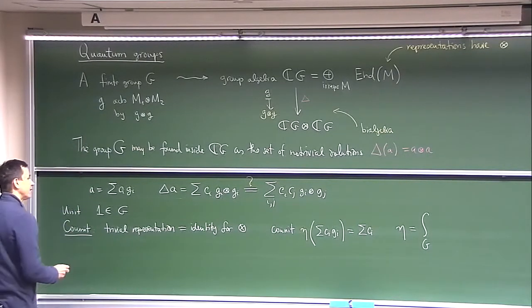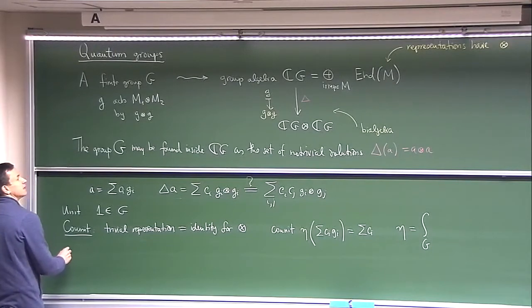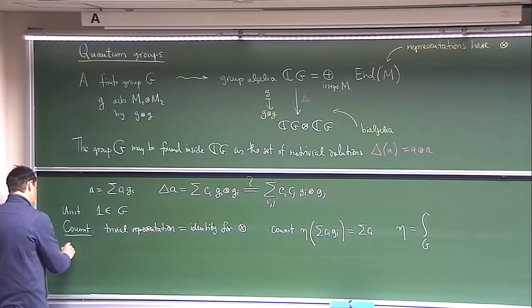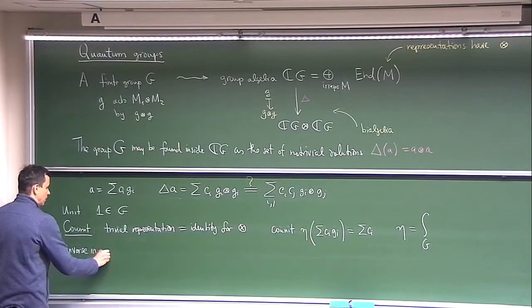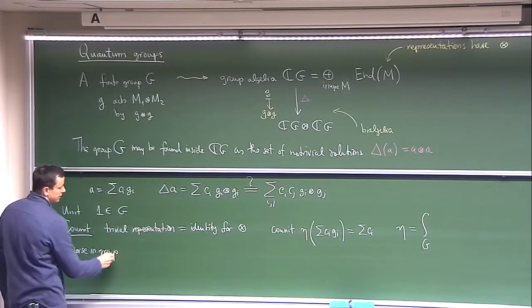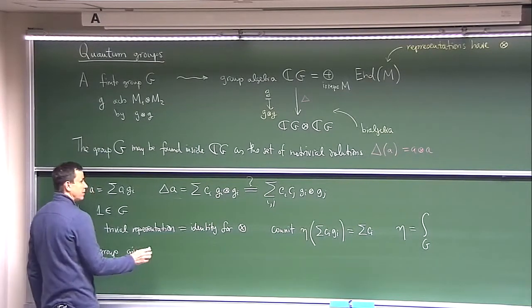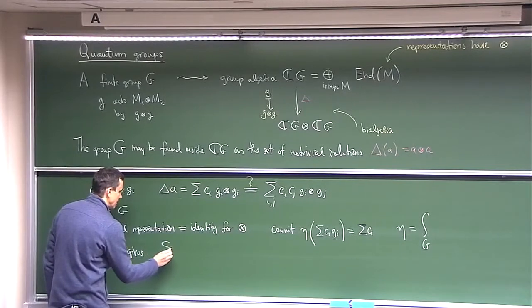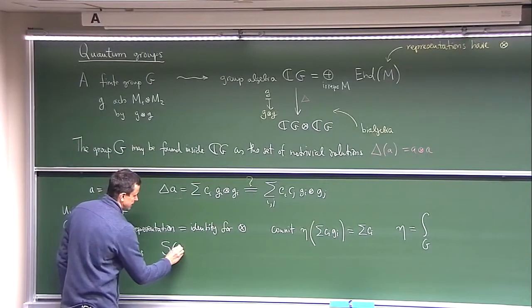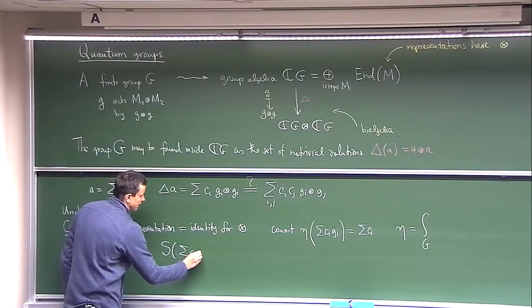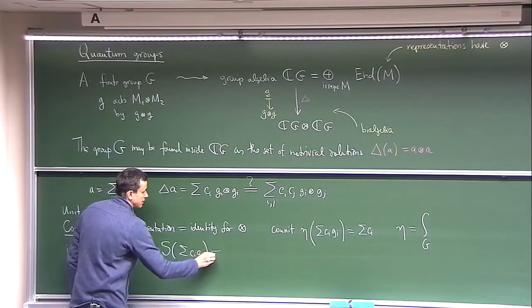So then, the fact that it's a group means we have an inverse of multiplication. Inverse in the group gives the map S. So S sends the sum of ci gi to the sum of ci gi inverse.